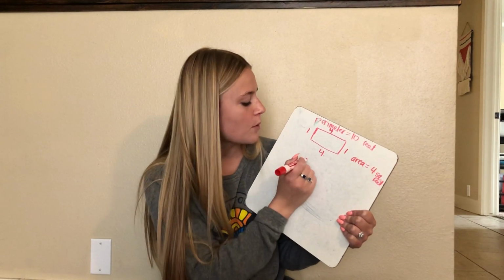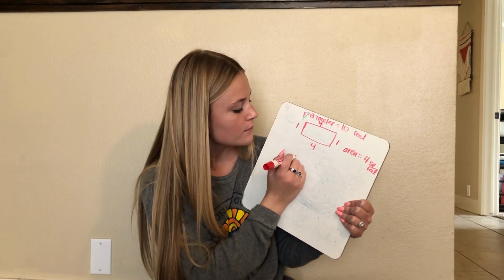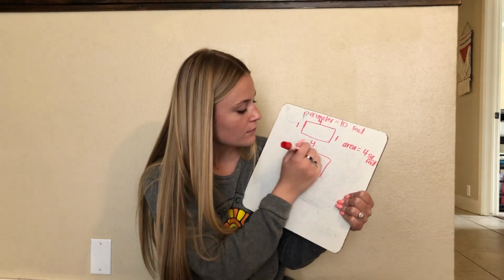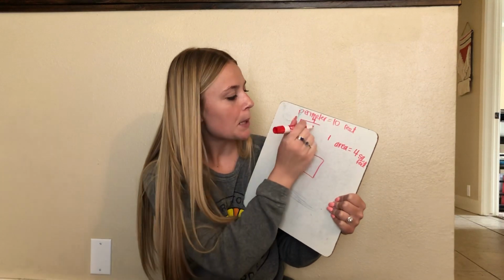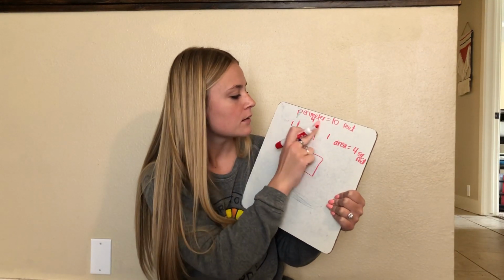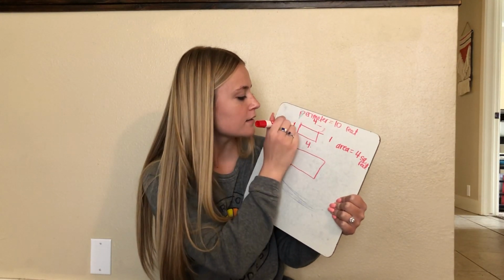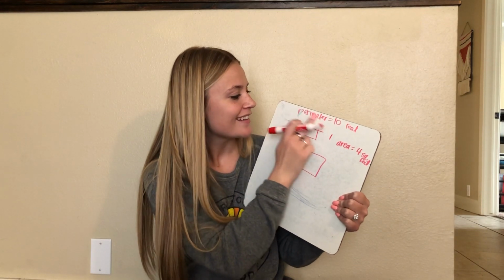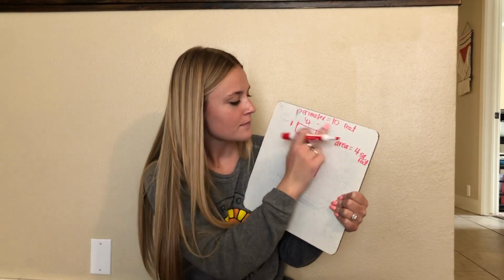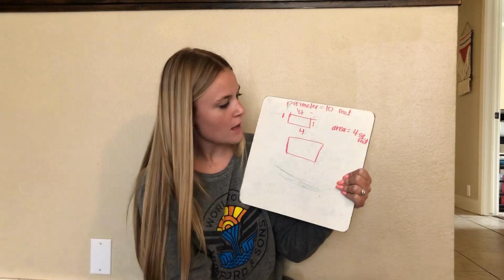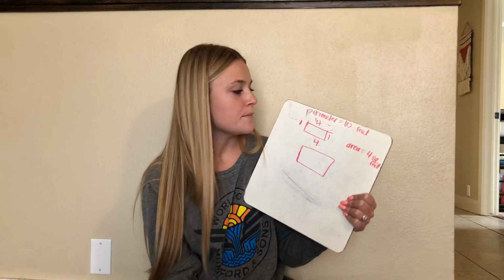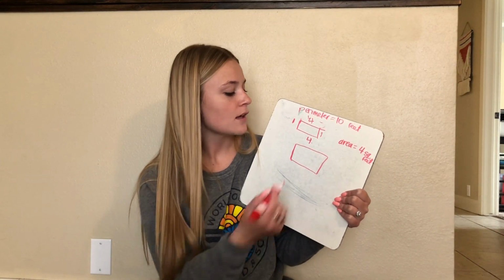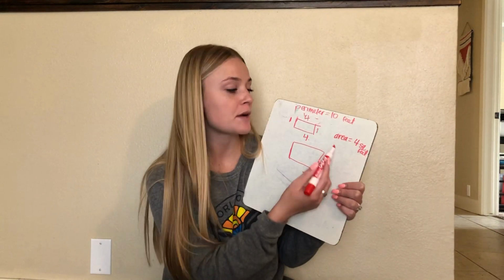So let's think of a different one. I should do these different sizes. Probably more like that one. There we go. Okay, so now I want another example of a rectangle with a perimeter of 10 feet.